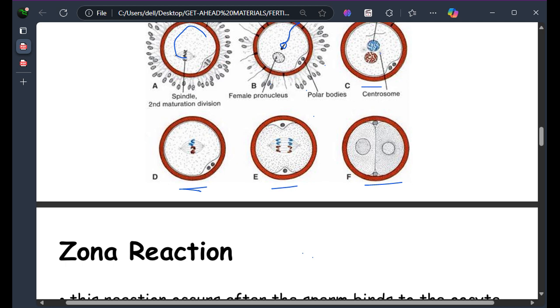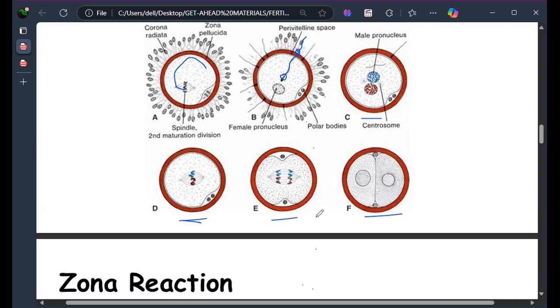There is also something you hear about that is known as the fast block to polyspermy, which involves switching of the membrane polarity of this oocyte. I'm sure you were talking about membrane potentials in the class before this.